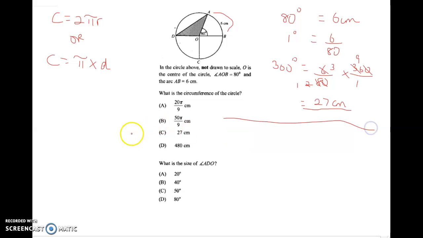Next part now. What is the size of angle ADO? So angle ADO is right over here. Now, first things first, we need to recognize that, so let me draw this out here.